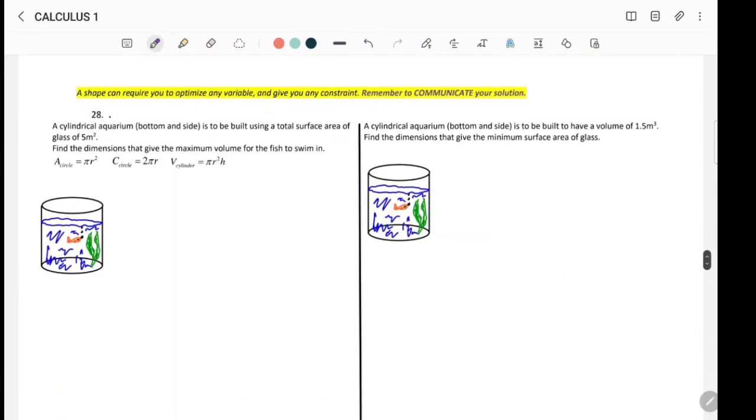Next, what's the question, guys? Question number 28. A cylindrical aquarium, bottom and side, is to be built using a total surface area of glass of 5 meters square, and find the dimensions that give the maximum volume for the fish to swim in.